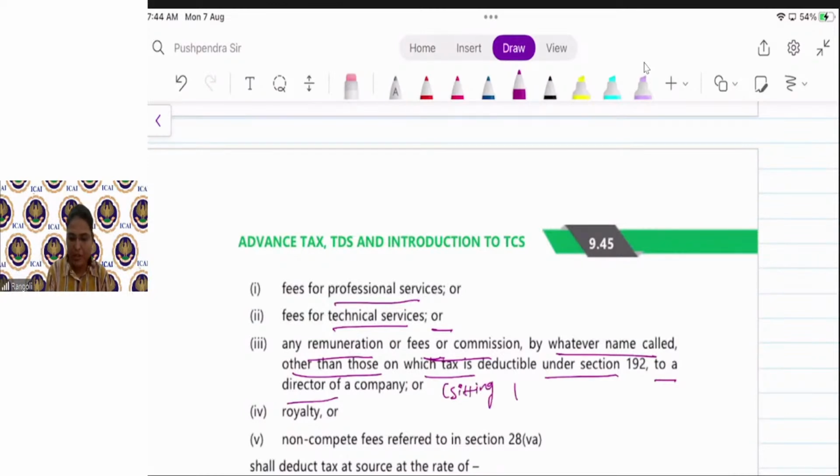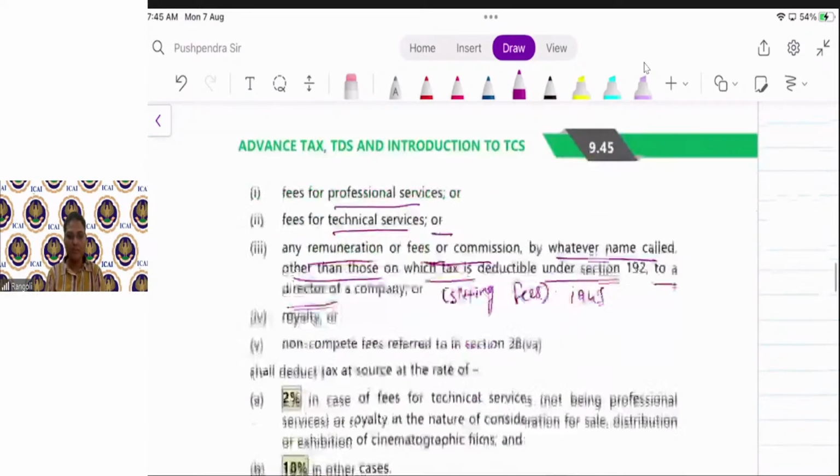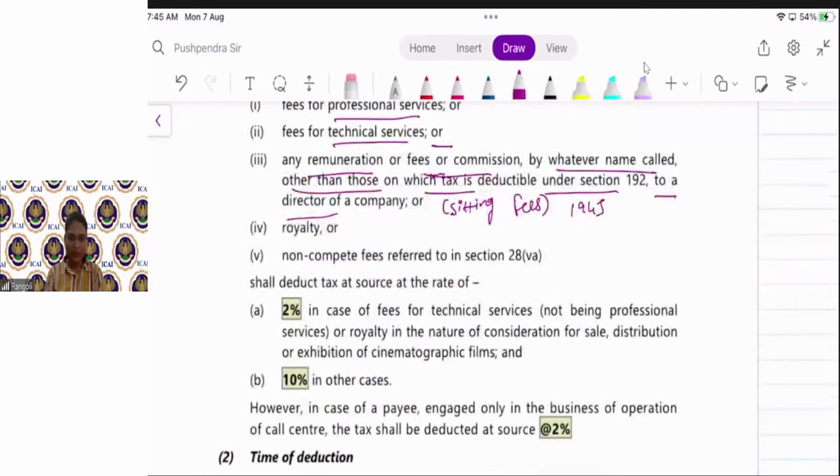Because remuneration to the director is considered as salary and TDS is required to be deducted under section 192. But sitting fees is not considered as remuneration. Therefore, TDS on sitting fees is required to be deducted under section 194J. Royalty, non-compete fees. You have already studied the meaning of non-compete fees in chapter PGBP.